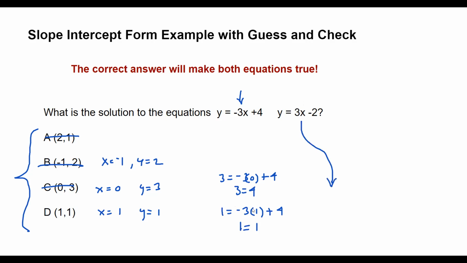So we check that over here, and we plug in 1 equals 3 times 1 minus 2, and that also equals 1 equals 1. So we have found that this point satisfies both of these equations. That must be the answer.